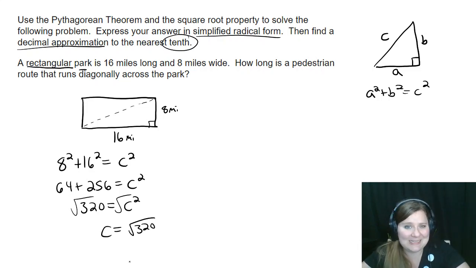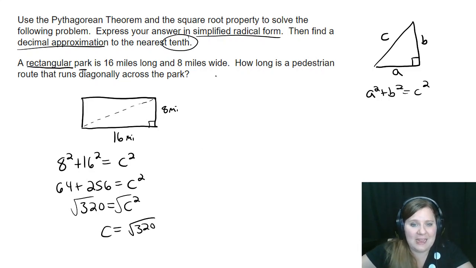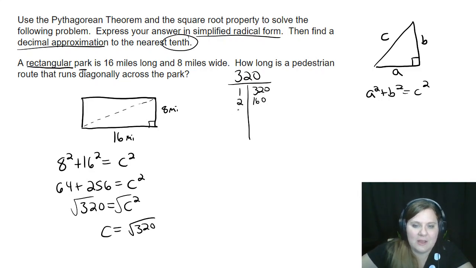Now, root 320 can be simplified. I'm thinking to myself, what perfect squares go into 320? Can I think of any that are a larger one? I may have to do it more than once, but let's see if I can at least break it down to something not too ridiculous. So 320 is 1 and 320. It's 2 and 160. 3 does not work. 4 and 80. 5 and 64.